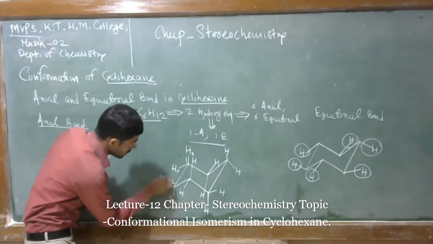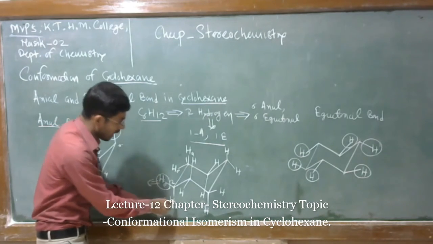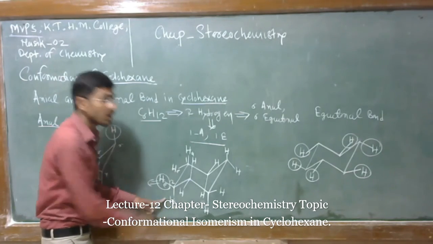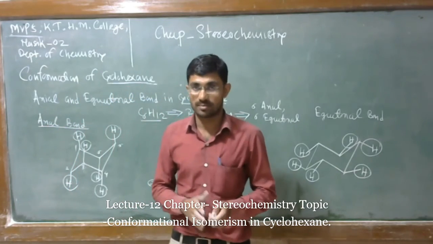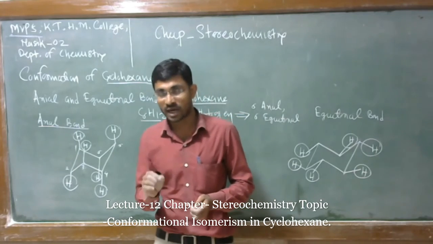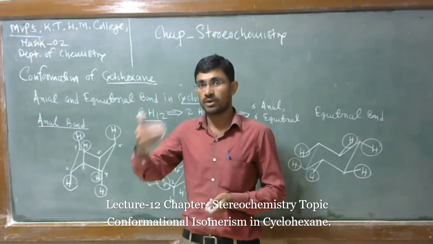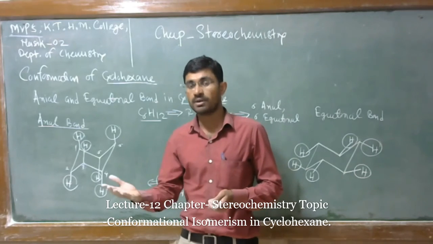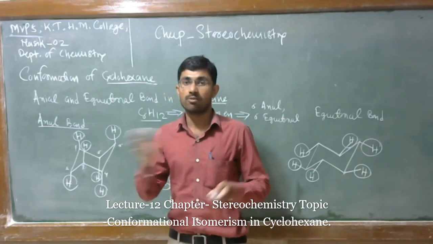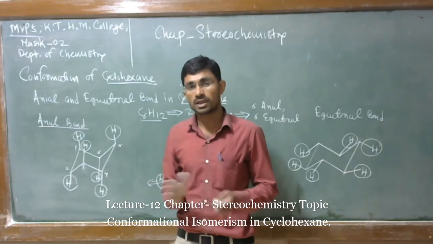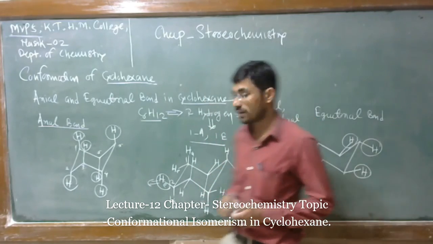For carbon number 2, the equatorial bond is above the plane and the axial bond is below the plane. So at each carbon, axial above means equatorial below, and for the next carbon, equatorial above means axial below.